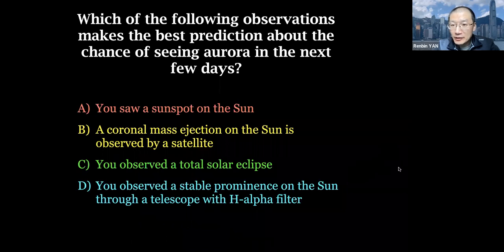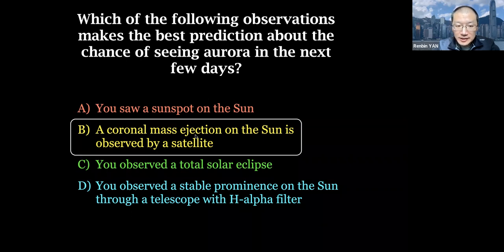Okay, I have to end it now. It's been a minute. So not everyone answered, but the majority of you got it right. And the correct answer is B, a coronal mass ejection on the sun.